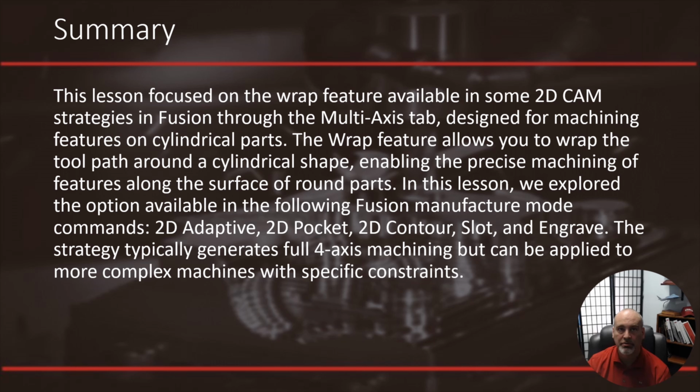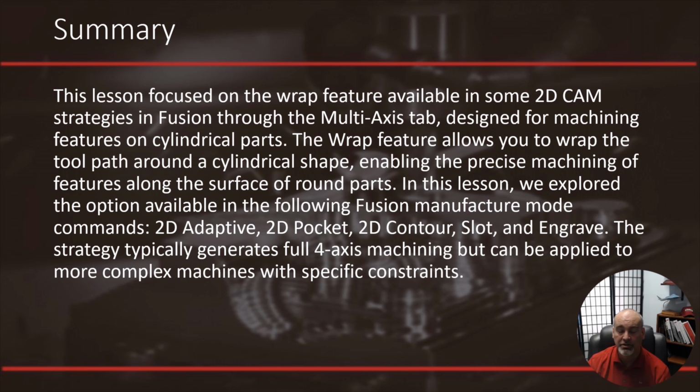In this lesson, we explored the option available for the following Fusion manufacture mode commands: 2D adaptive, 2D pocket, 2D contour, slot, and engrave. The strategy typically generates full 4-axis machining, but can be applied to more complex machines with specific constraints.